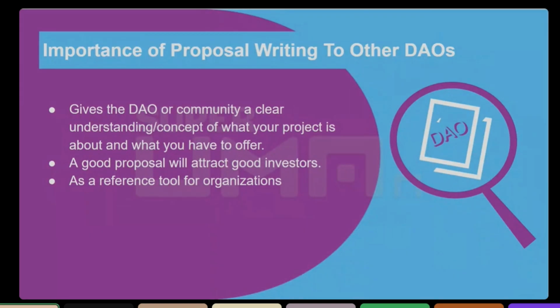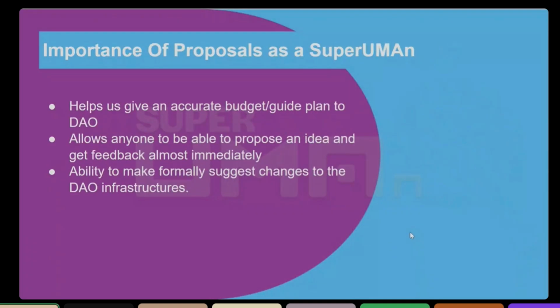They can simply refer to our proposal. They can also use our proposal to get the attention of other DAOs. So they could use the proposal we wrote as a reference to pitch KPI options, for example, to other DAOs. It's very, very important.